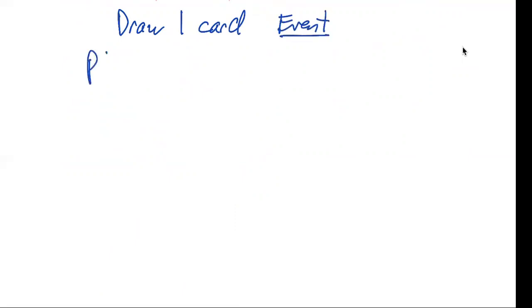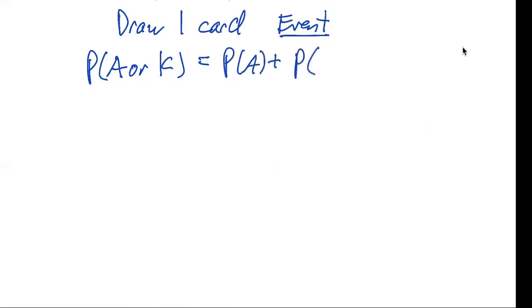What's the probability that I draw an ace or a king? Well, we're learning that or means add. This is 4 out of 52 plus 4 out of 52 is 8 out of 52, and I'm just going to leave it out of 52 for now.